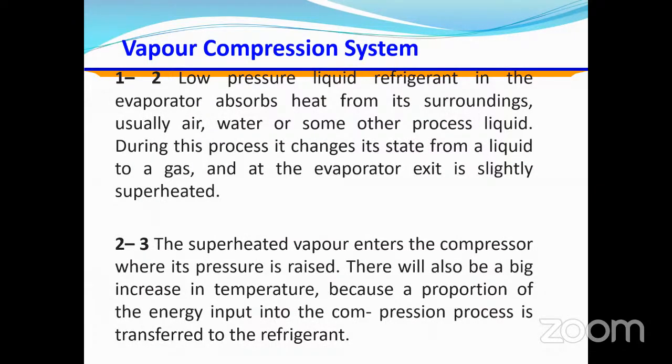Then 2 to 3: the superheated vapor enters the compressor where its pressure is raised. There will also be a big increase in temperature because a proportion of the energy input into the compression process is transferred to the refrigerant.